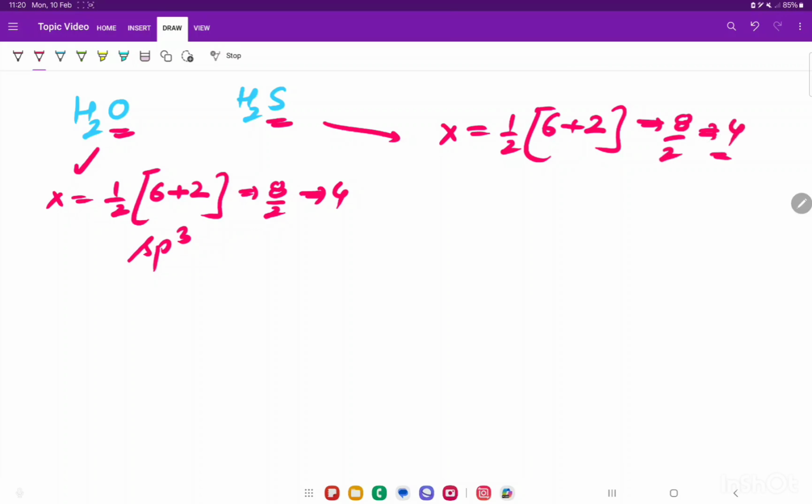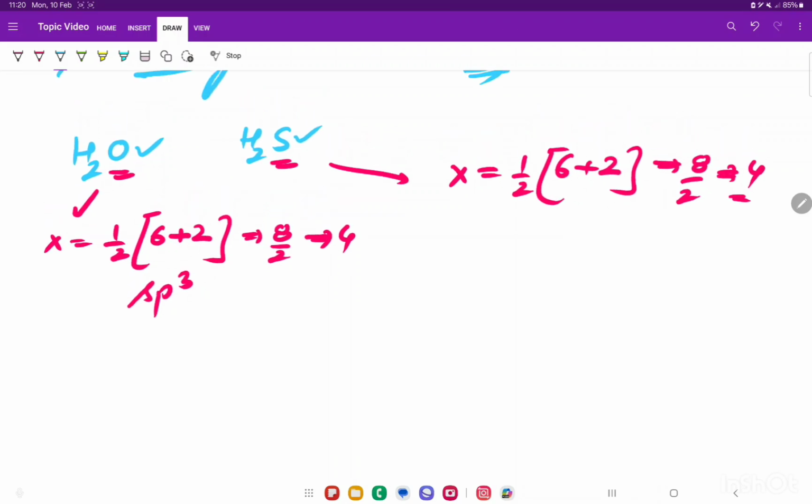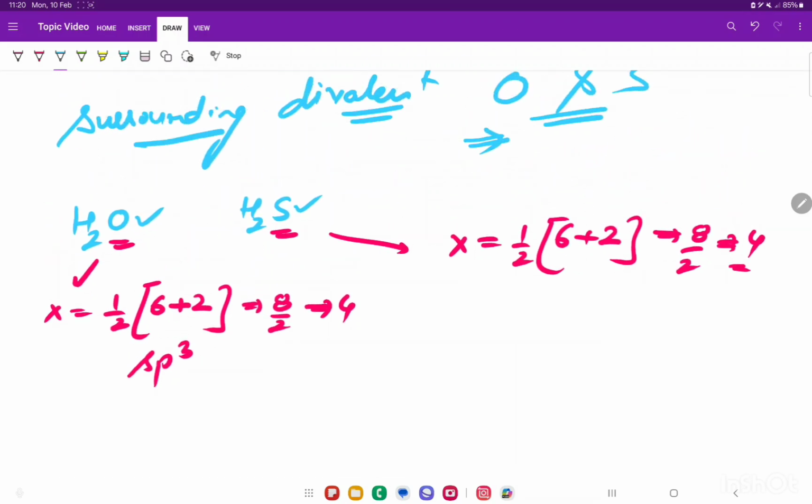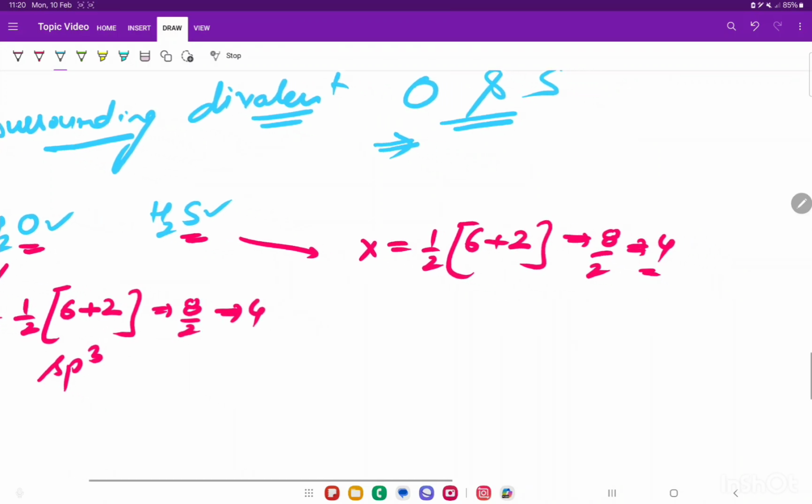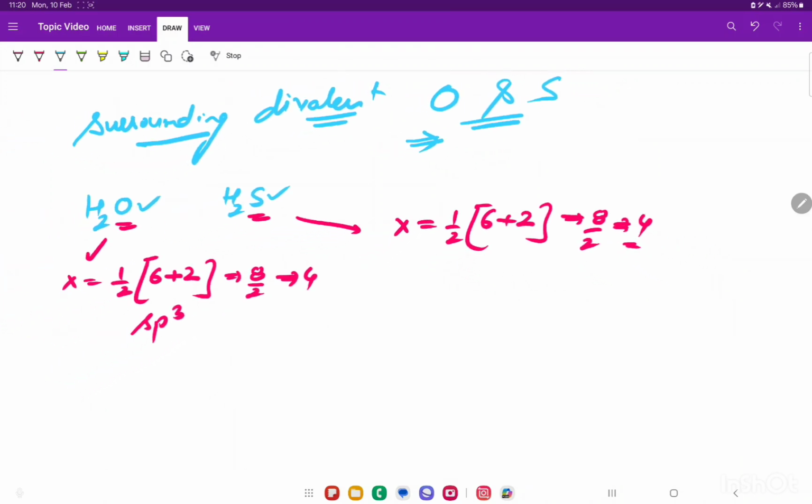What I mean to say here is, in this case, the oxygen and sulfur are not the surrounding atoms. Thus, we'll take them as central atoms and use their valence electrons. But if the sulfur and oxygen are surrounding atoms, that is, they are divalent, we will not count them and we'll take their number as 0 in calculating the value of x.